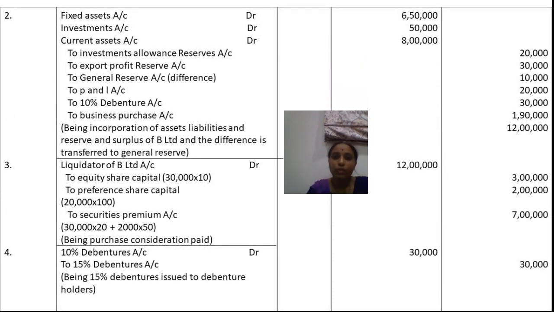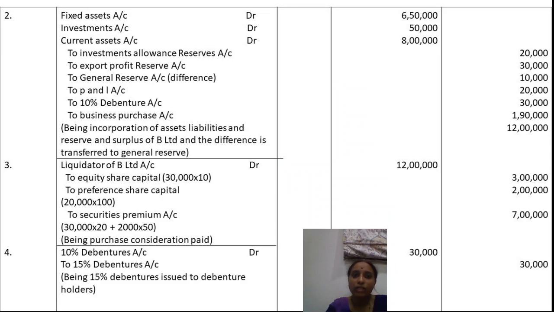The second entry to be passed here is for incorporating all assets and liabilities, reserves and surplus, and the difference transferred to the general reserve. So here fixed assets account debtor 6 lakh 50,000, investment account debtor 50,000, current assets account debtor 8 lakh, to investment allowance reserve 20,000, to export profit reserve 30,000, which we are taking from B Limited as well as A Limited.